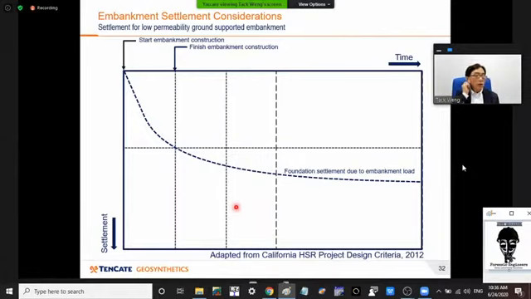Here I would like to illustrate the concept of settlement when you construct an embankment. This chart is adopted from the California High-Speed Rail Project design criteria. The settlement of a transportation infrastructure can come from three different components: the embankment weight, the transportation infrastructure weight, and the traffic imposed load as well.